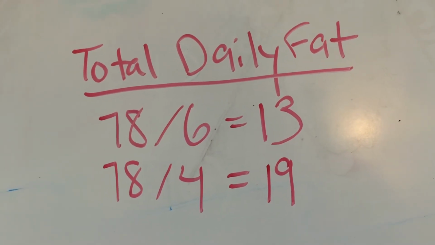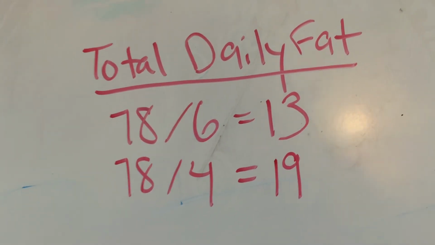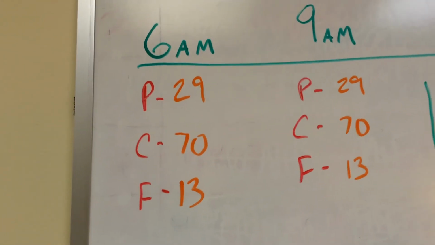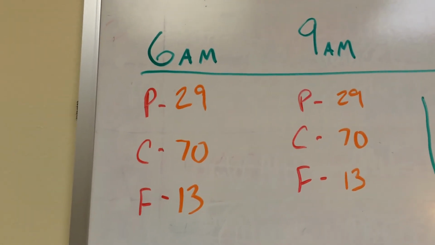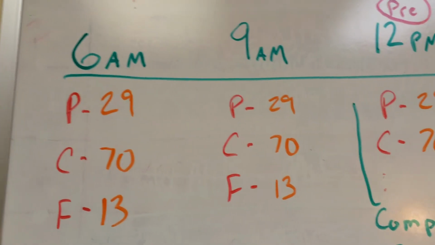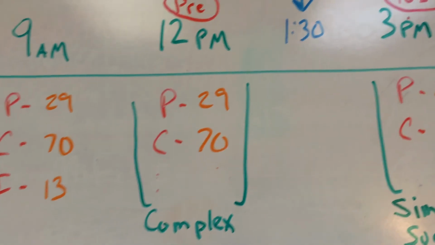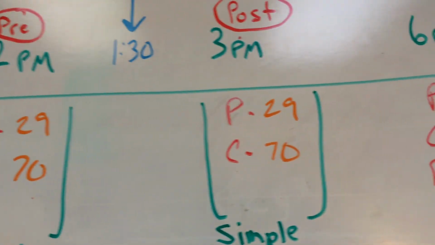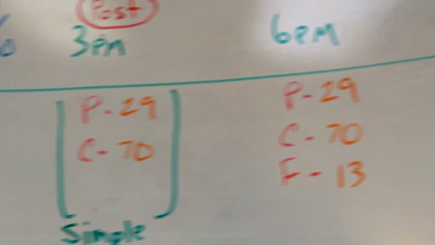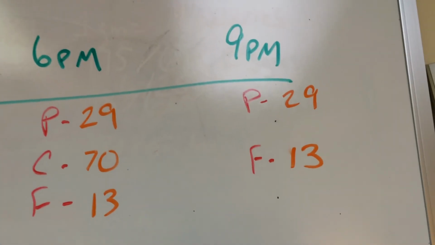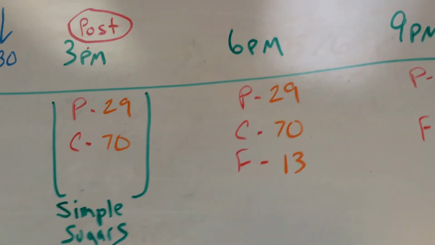That's going to come out to roughly 19 grams of fat. So we're now going to have protein, carbs, and fat for our morning, protein, carbs, and fat for our mid-morning. We are not going to have fat for our pre-workout or our post-workout. And then we'll get back to having fats for our dinner meal and our last meal of the night.